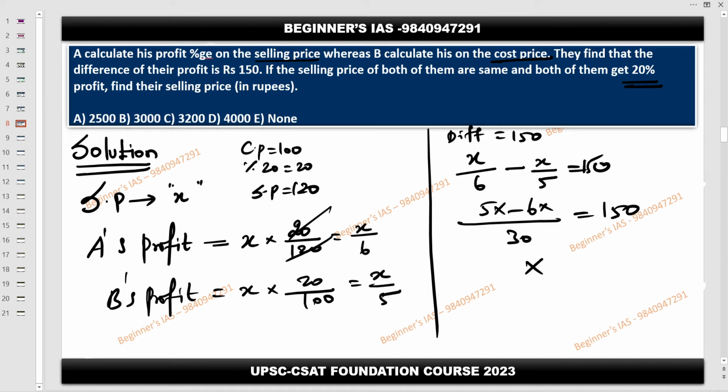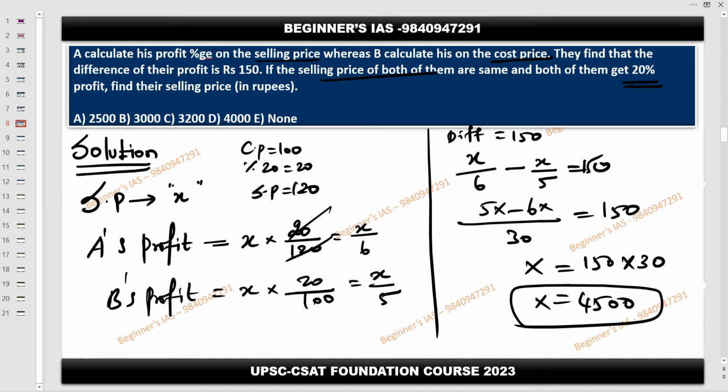Then X is equal to 150 into 30, 4500. Therefore, if the selling price for both of them is the same, both of them get 20% profit, find their selling price in rupees. So that X is nothing but their selling price. Understood?